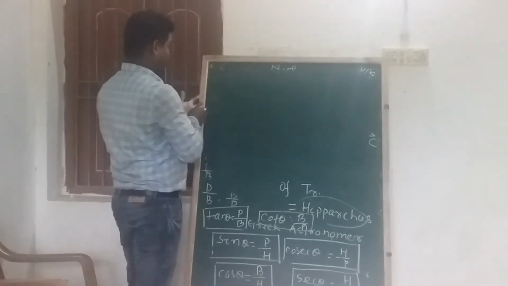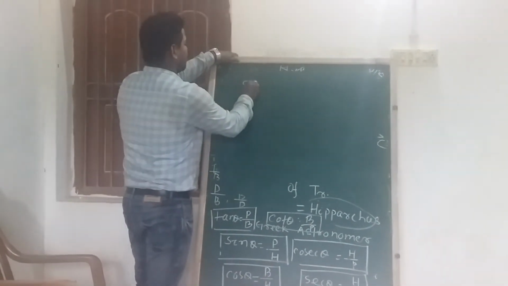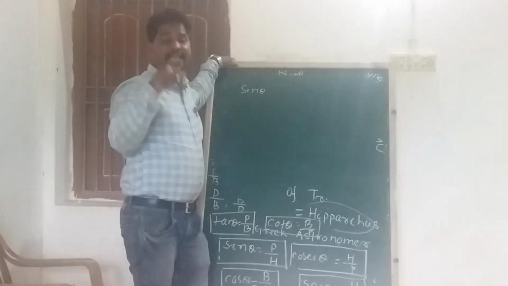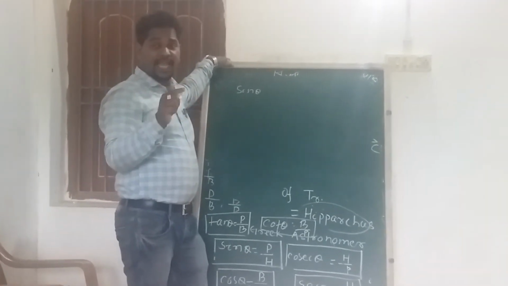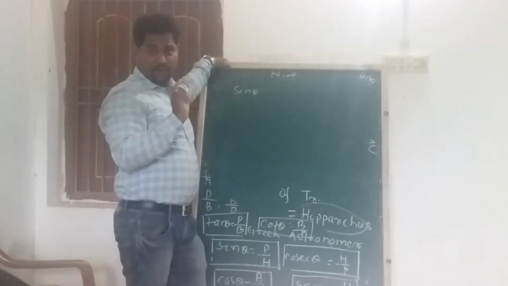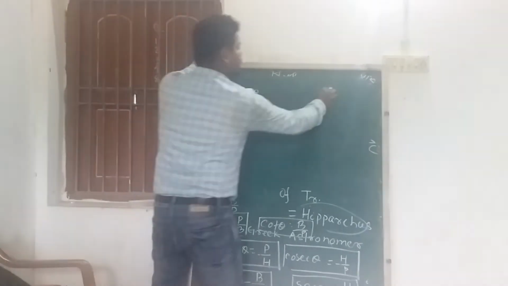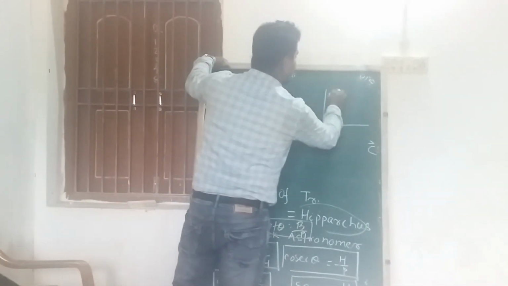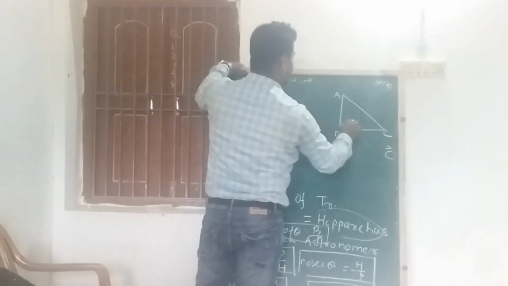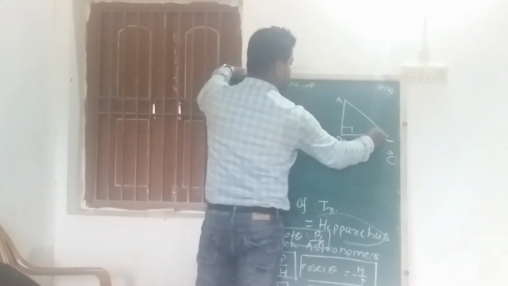Here we know that one more thing: sine of any angle is equal to perpendicular upon hypotenuse. Suppose here is a right angle triangle ABC, it is a right angle and this is theta.